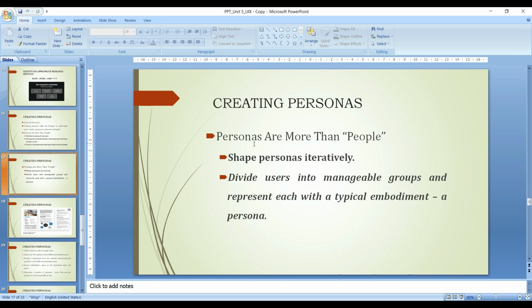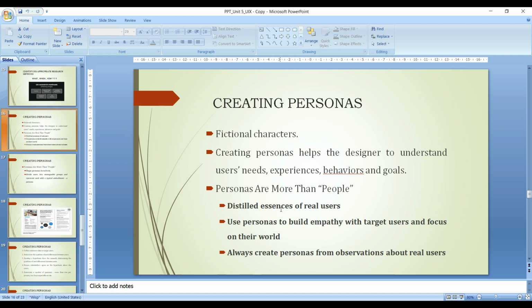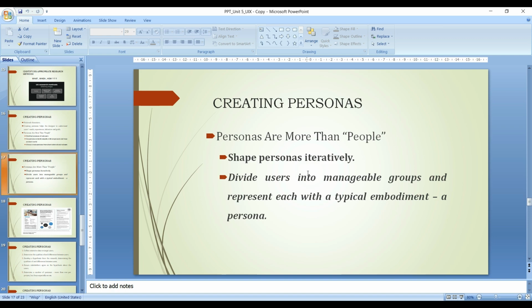And personas are more than people, as I said before. These three points we have seen here, right? It should have the perfect essence in the persona, it should have empathy with the target user, and it should have observation. The next thing is that it should shape the personas iteratively. Iterative doesn't mean repeating the points.